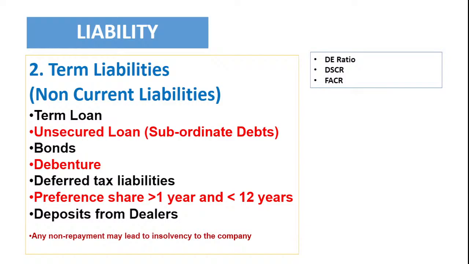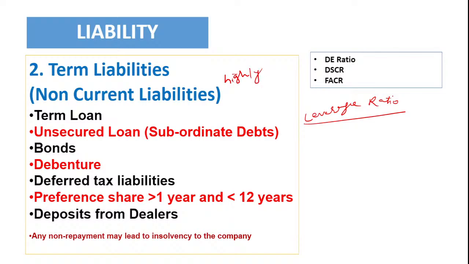D ratio is also called the leverage ratio. If you are studying the financial newspaper or watching any financial news, many times financial analysts or the newspaper mention that the company is highly leveraged.